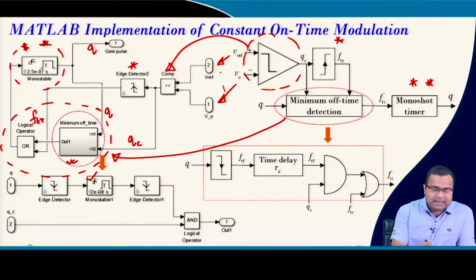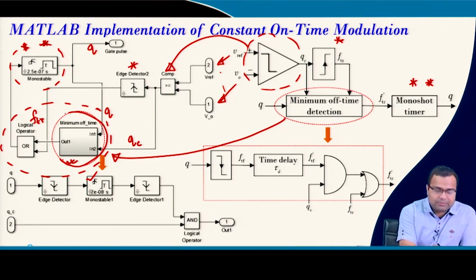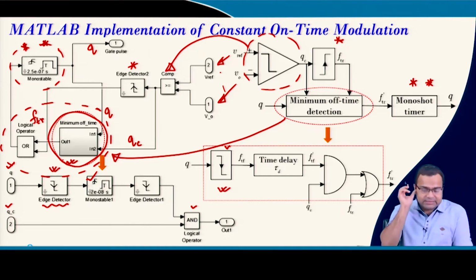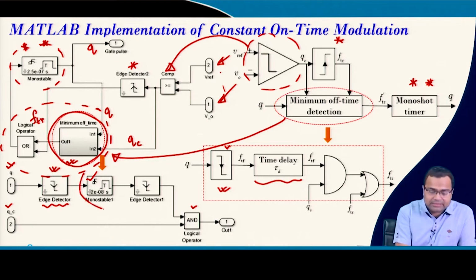Now, what is there inside this block? I am talking about this particular block. It again takes Q and QC as the input, and QC is directly ANDed, that we know, and there is a negative edge detection circuit, which is nothing but this one. This delayed time is realized by these two blocks in MATLAB.